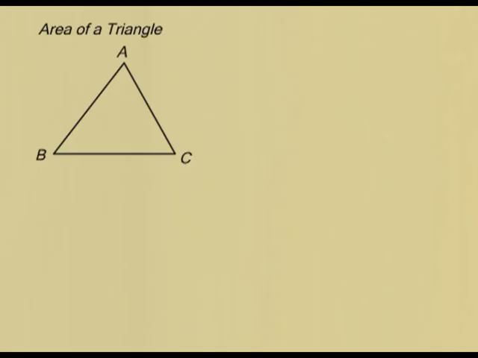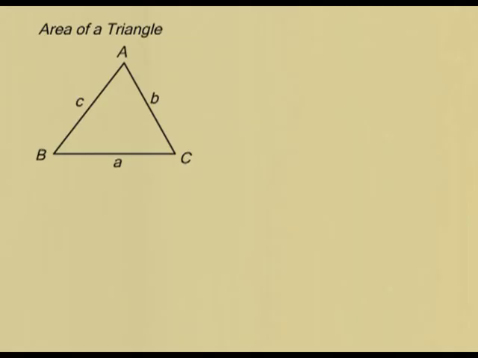Vertices are named using capital letters, but the sides are labeled using small letters. Side a is the one opposite to the vertex A, this one. Side b is the one opposite to vertex B, and c is this side opposite to vertex C.